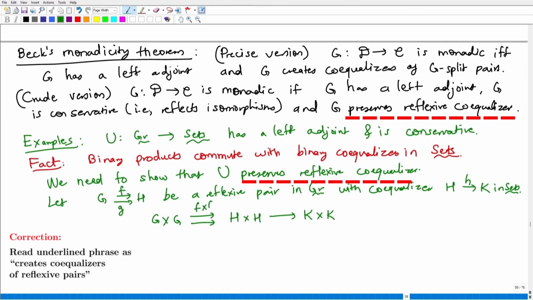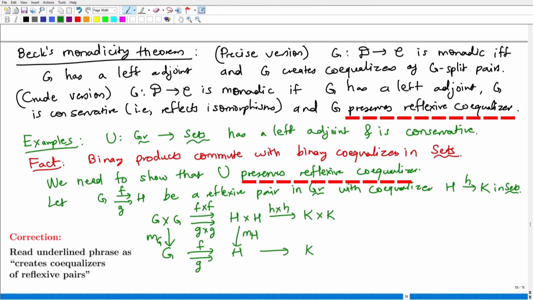F cross F, everything is happening componentwise, H cross H over here, little h cross h. But at the bottom level, I also have the original diagram F, G, and from G cross G to G, the multiplication map for group G. Then from here, I have the multiplication map for H. But K, I don't know yet whether K is a group or not.